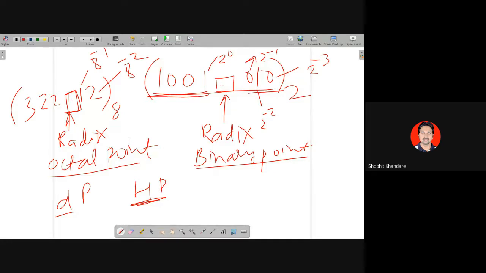How do you represent it? The base to the power of minus 1, minus 2, minus 3, and whichever radix point we are considering, depending upon which number system I am talking about, the radix point will have its particular name. It can be octal point, binary point, decimal point, or hexadecimal point.